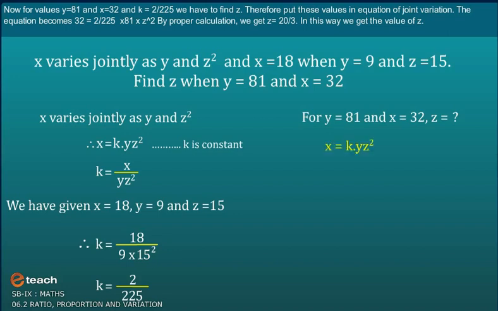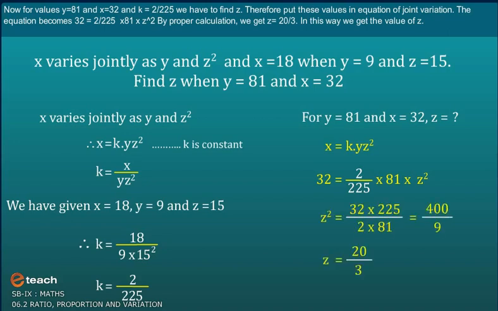Therefore, put these values in the equation of joint variation. The equation becomes 32 is equal to 2 by 225 into 81 into z square. By proper calculation, we get z is equal to 20 by 3.